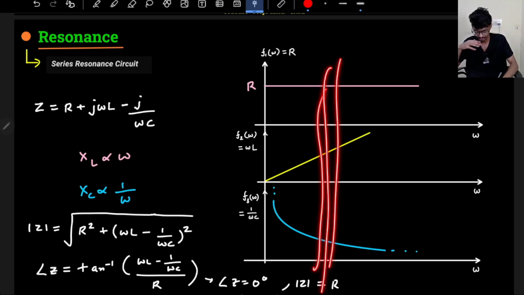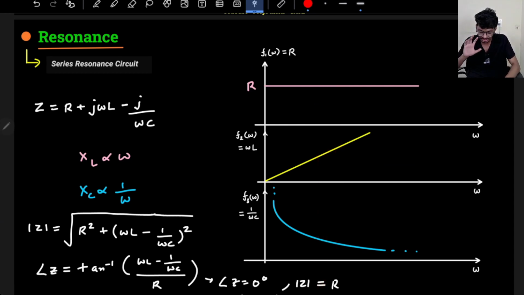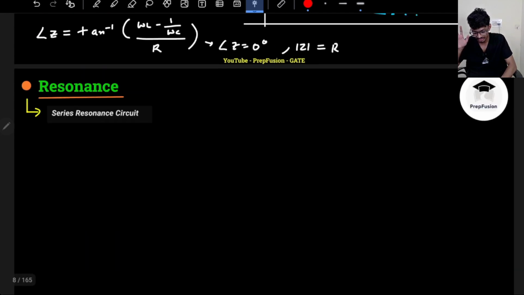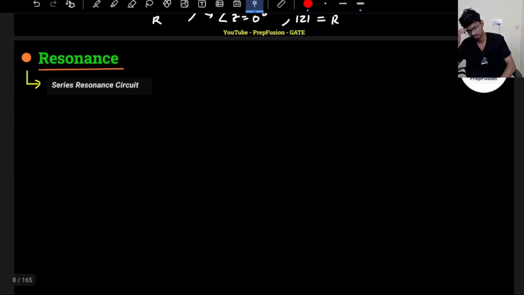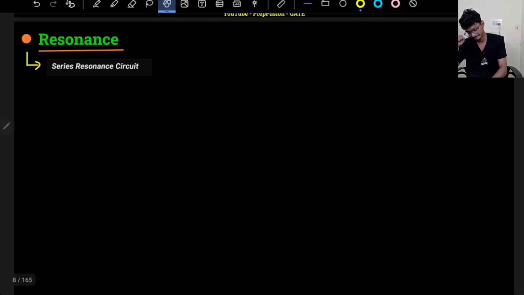Initially, let's take omega equals 0.1, and let's say R is 1 ohm, L is 1 Henry, so omega L is 0.1 only, and let's say C is 1 farad, so 1 by omega C is 1 by 0.1, which is 10. So initially capacitance is dominating, it has capacitive behavior.